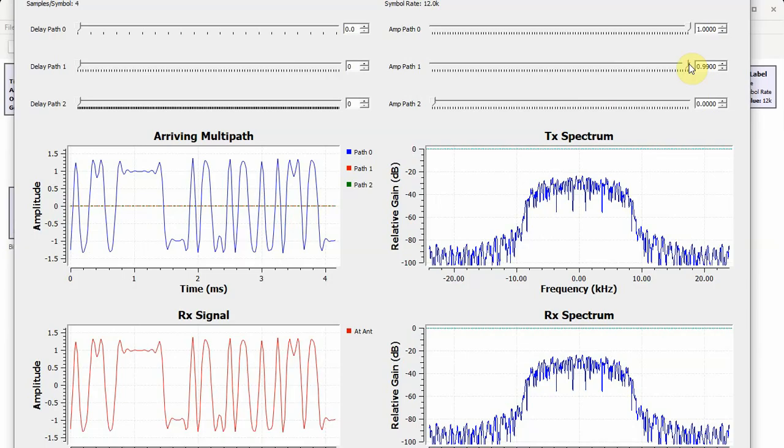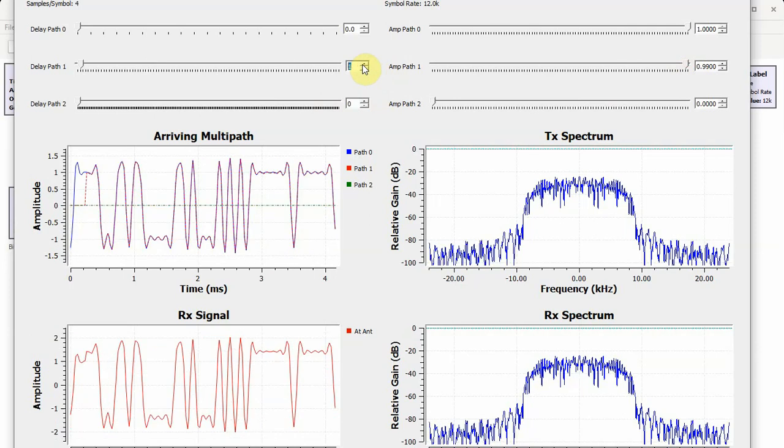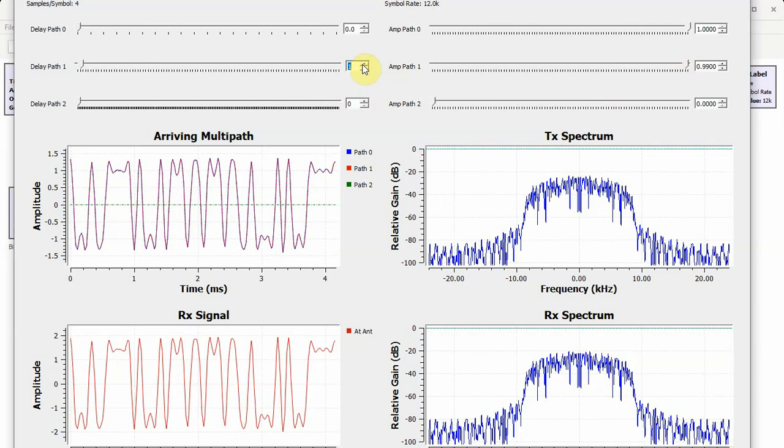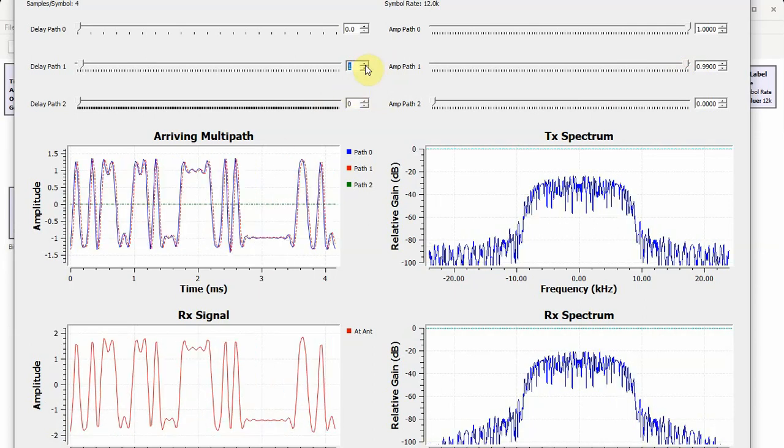For a more clear view of constructive and destructive interference, let us add the first multipath with different delays.